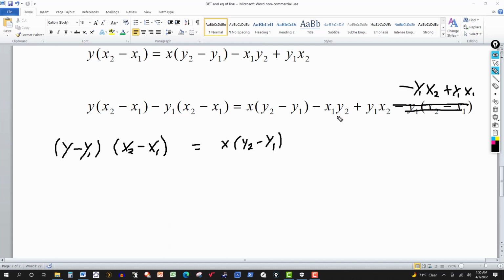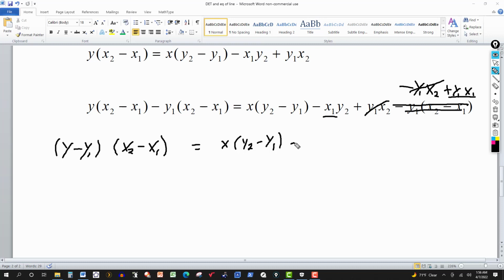So now look at what we have here. Notice right here I have a y1 x2, and here I have a minus y1 x2. So these are going to cancel out. This and this cancel out. And then I'm going to take this term right here and this term over here that's left, and I'm going to factor out the minus x sub 1.